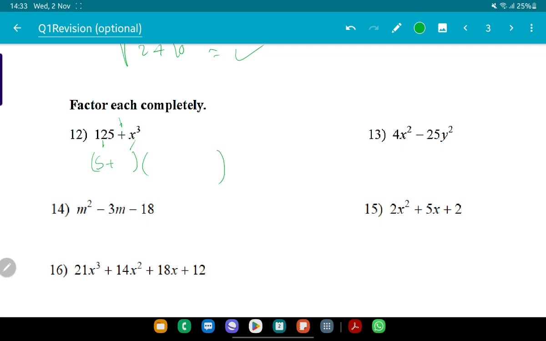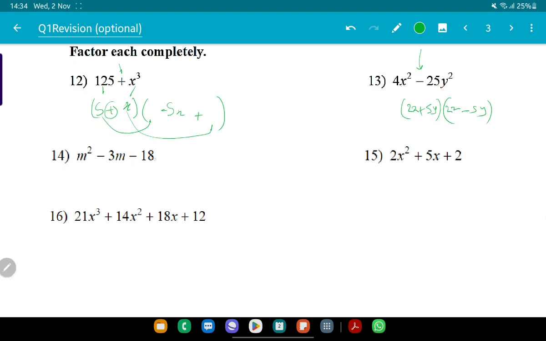This is 5 plus x, then the first squared, the last squared, and it's always positive, then multiply them together to be 5x, and if this is positive, change this to be negative. This is difference between two squares, 2 brackets, 4, 2, 2, x squared, x and x, 25 is 5 and 5, y squared is y and y, plus minus.